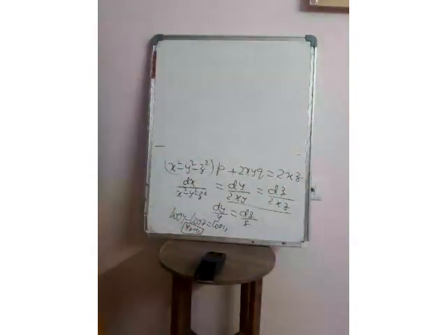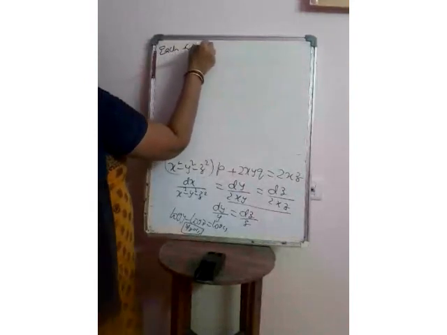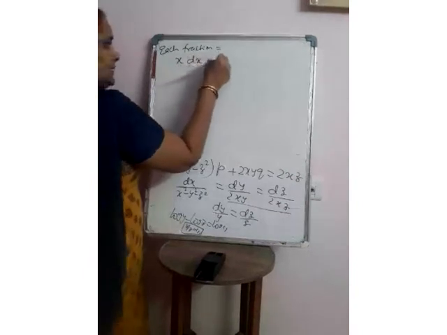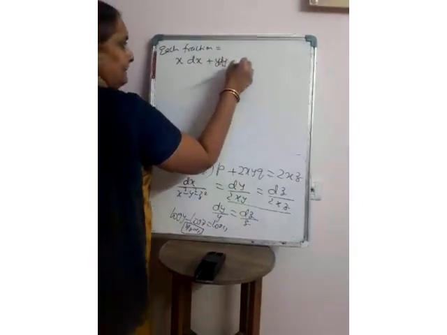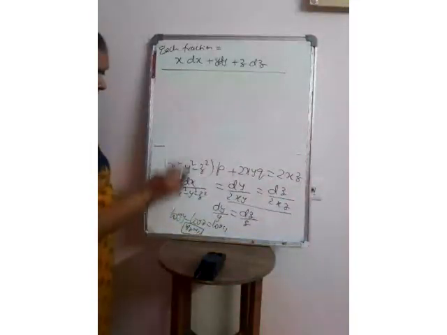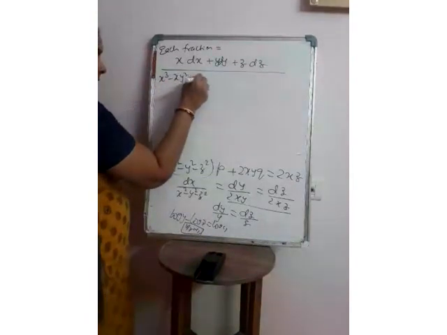To find out the second solution, since we did not get any combination of dx, dy, dz or x dx, y dy, z dz also, what we do is we take a different combination. We'll see what actually the value of x dx plus y dy plus z dz is. So if you multiply this value with x, this will become x cube minus xy square minus xz square.